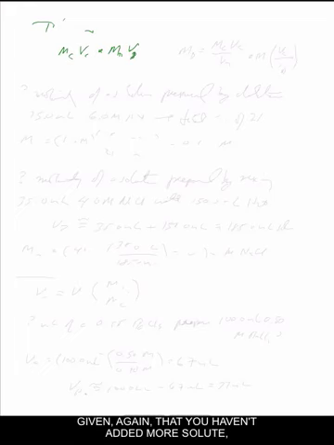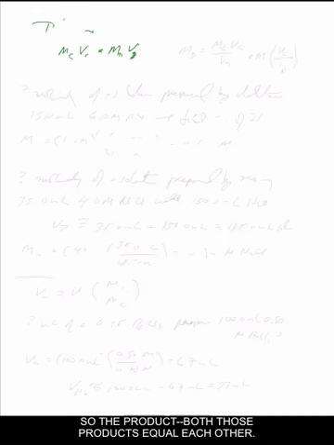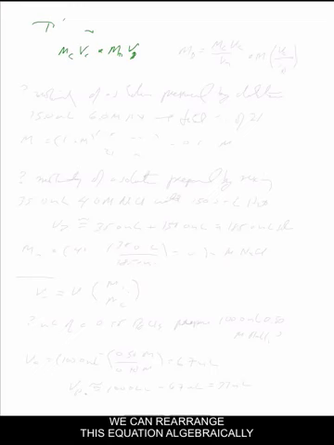Given again that you haven't added more solute, you just added more solvent, both those products equal each other, whatever the moles are of the solute. We can rearrange this equation algebraically and write that the molarity of the dilute solution would be the molarity of the concentrate times the volume of the concentrate, all divided by the volume of the dilute.